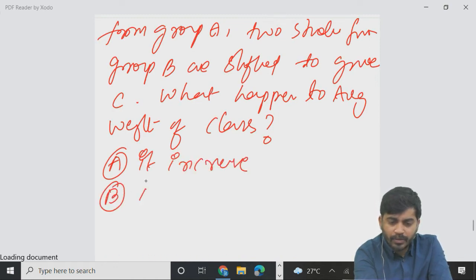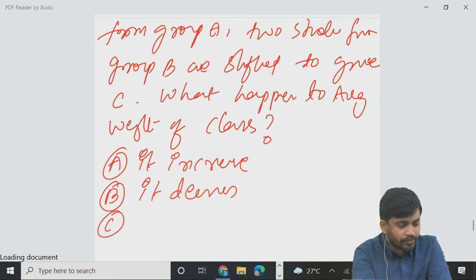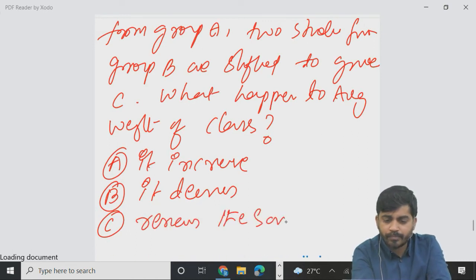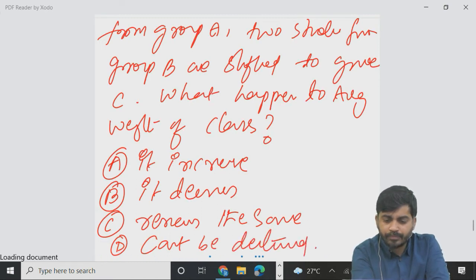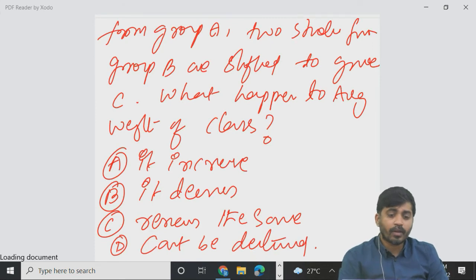Second option, it decreases. Third option, remains the same. Option D, can't be determined. Sorry. So it increases, it decreases, it remains the same. Last one is can't be determined.